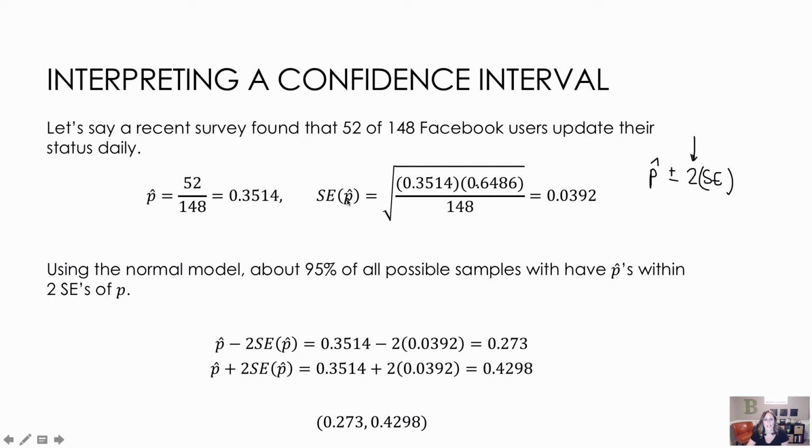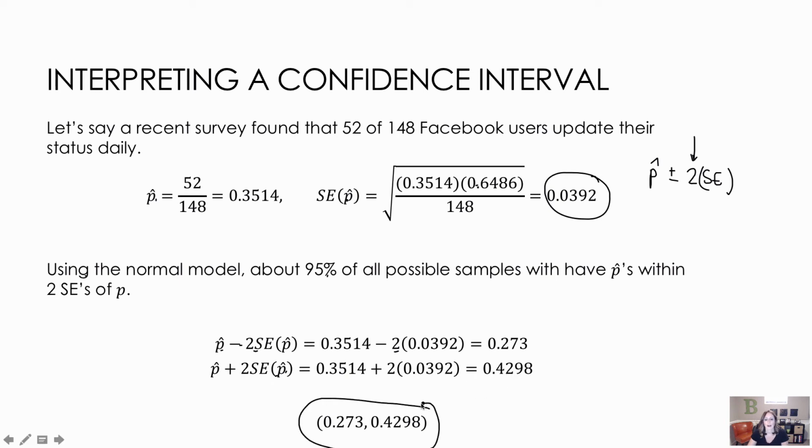So if I calculate standard error and I calculate P hat, which of course is just 52 out of 148, then if I'm using the normal model, my 95% interval would be P hat minus 2 standard errors, so that's 2 times 0.0392, and then plus 2 standard errors times P hat, which is 0.4298.